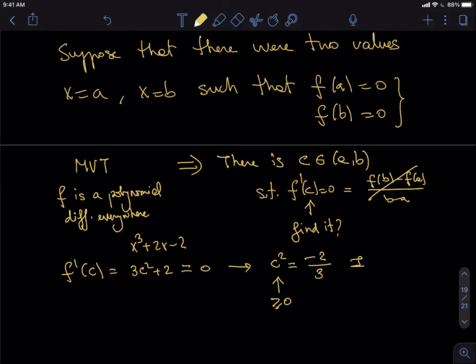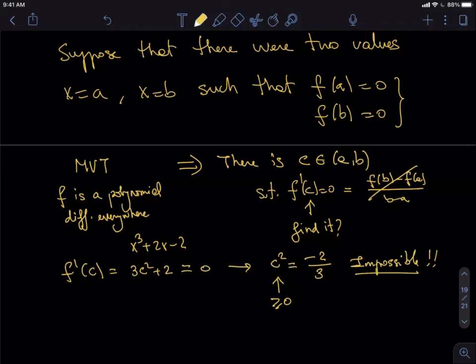And negative 2/3, last time I checked, was negative. So this is impossible. So this is what happens when we assume that instead of one solution, there are two, that we find something impossible. So it cannot be. If we assume that, then we find something that is wrong, impossible.